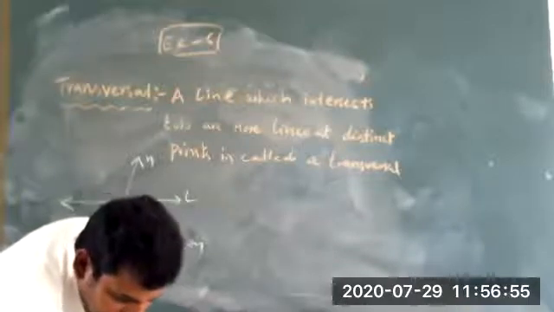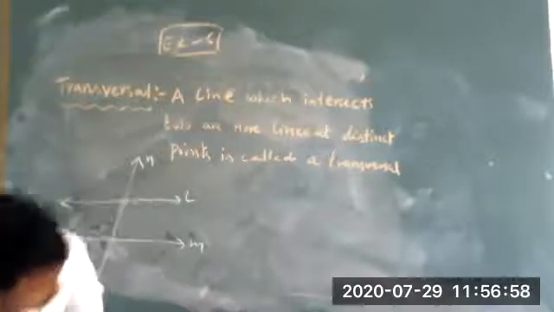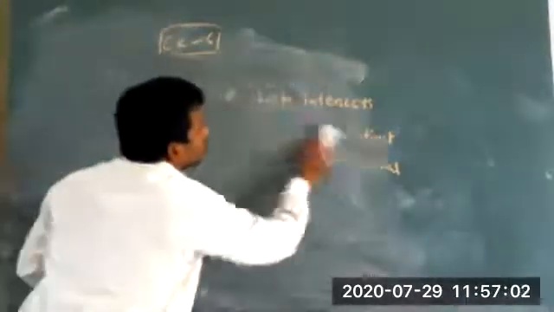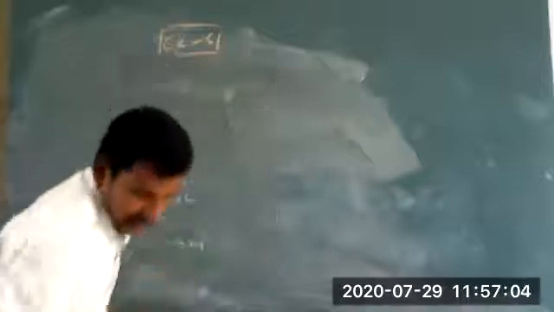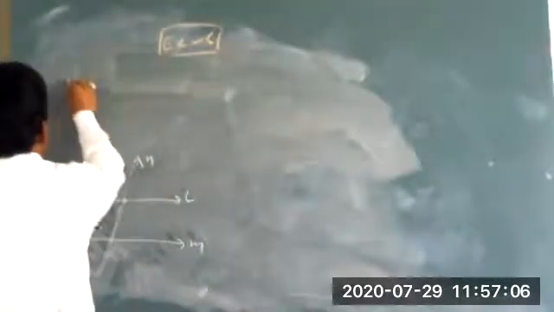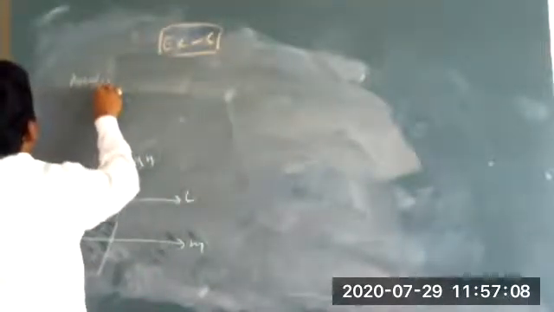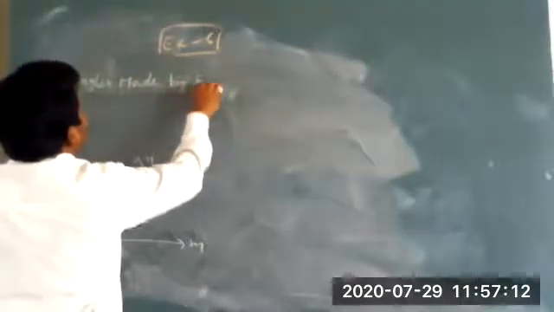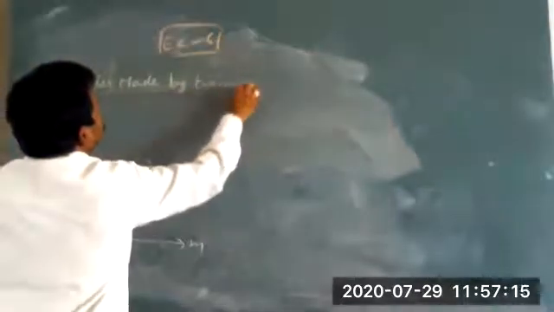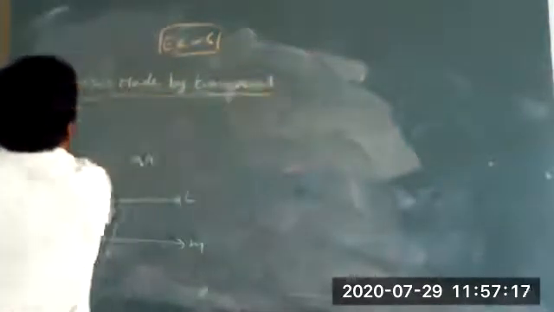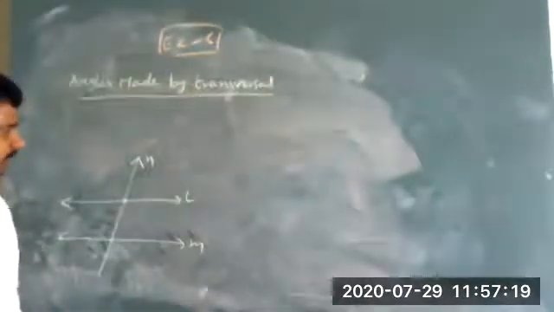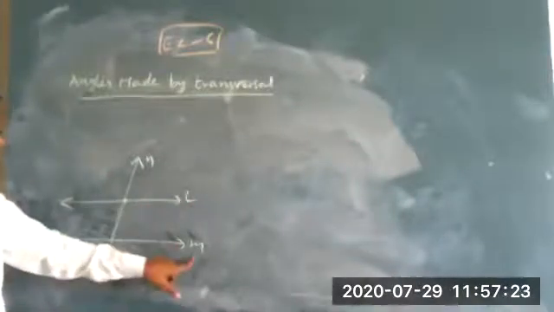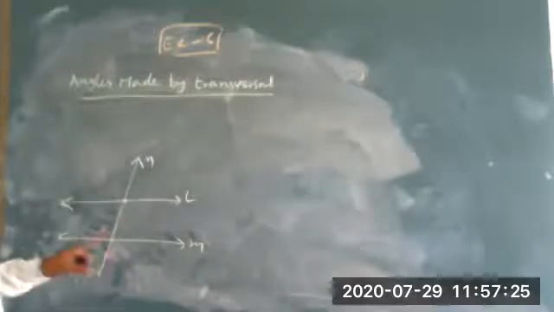Next, angles made by transversal. Take this figure, this diagram only. L, M, and N line is a transversal.